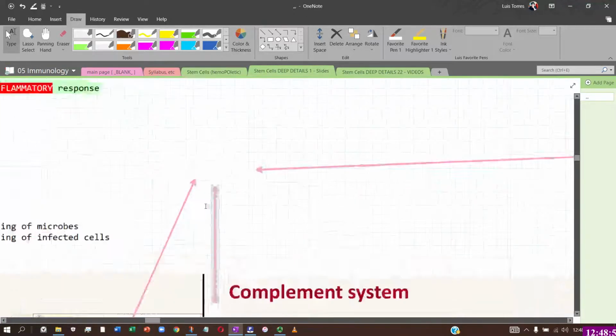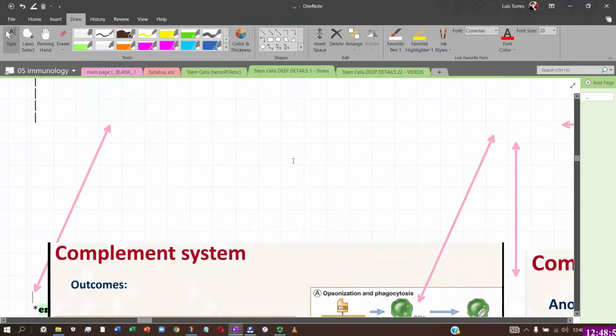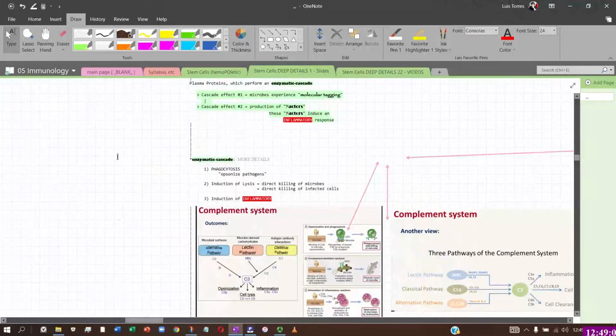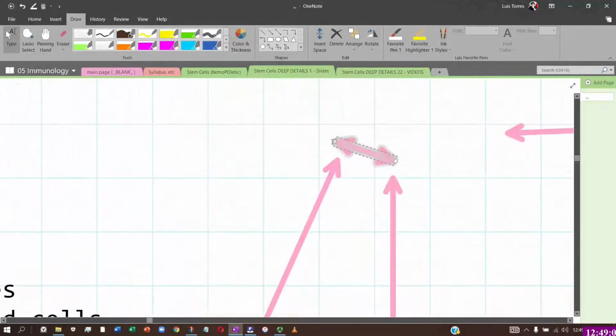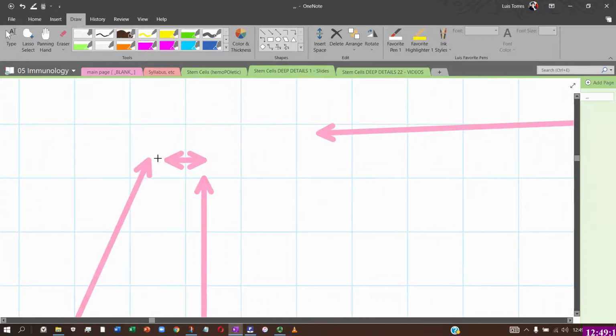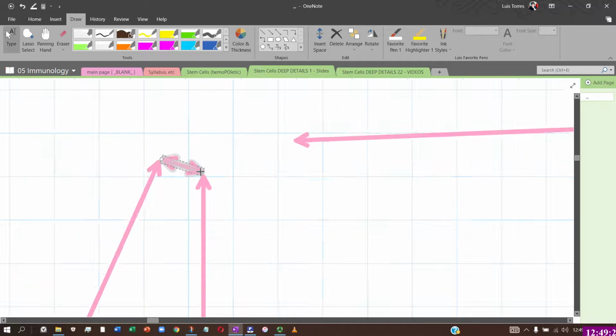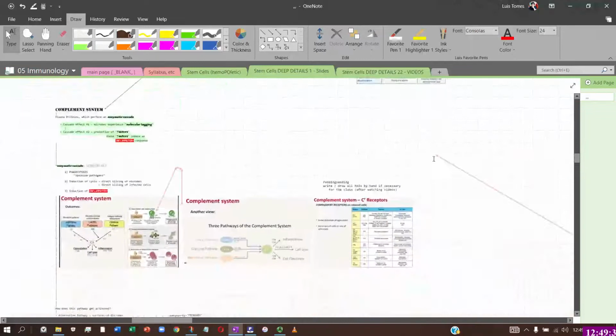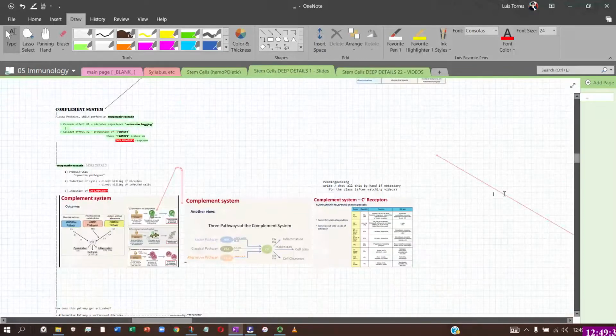So here we go. Cool. So this arrow is not really going to serve a purpose there. All right, very nice. That's a nice correction.